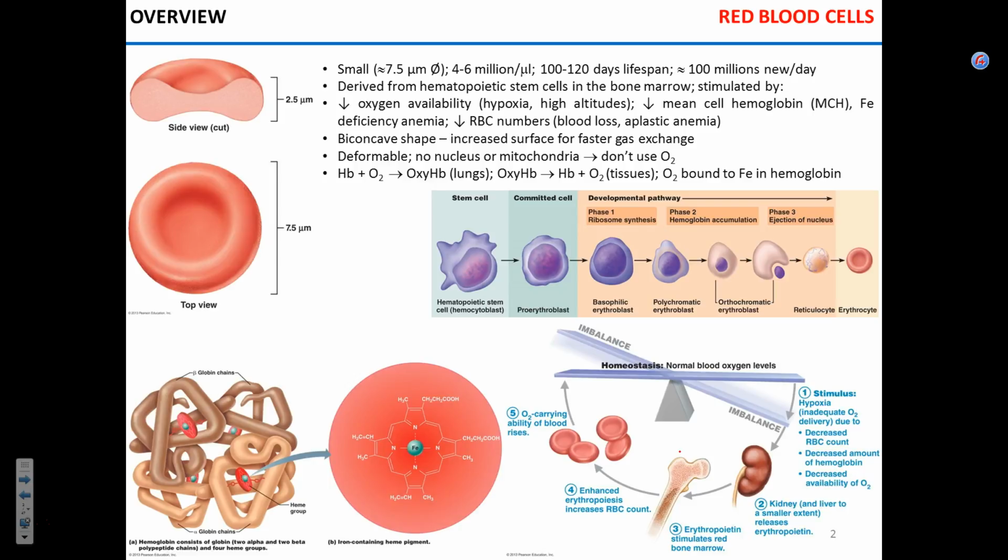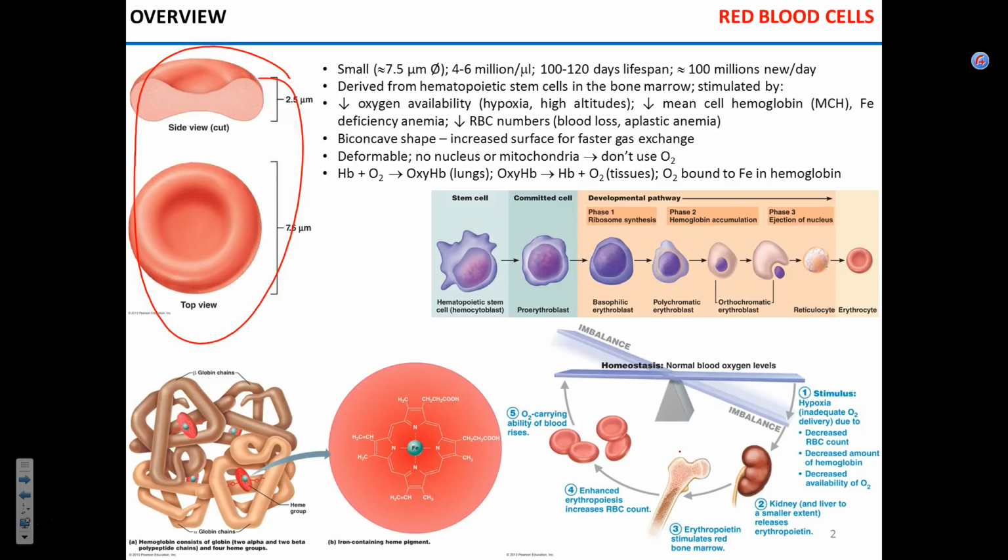The red blood cells, how they transport oxygen, we're going to talk about in the chapter on the respiratory system. So, red blood cells look like donuts when you forget to remove the donut hole.